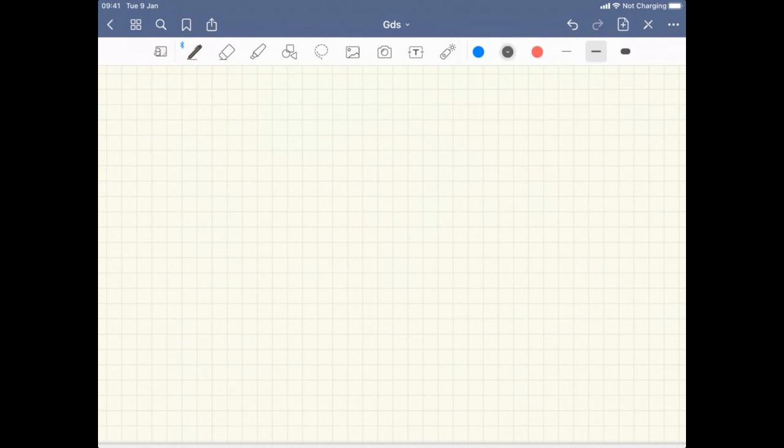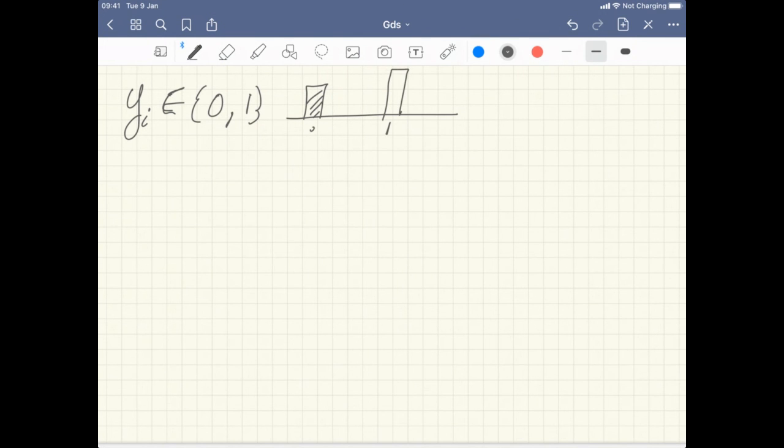So again, imagine we have yi being binary. It's either 0 or 1. Okay? So this might look like, on a number line, a certain number of y are 0, and a certain number of y are 1.